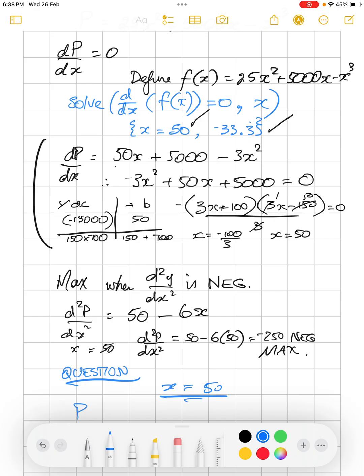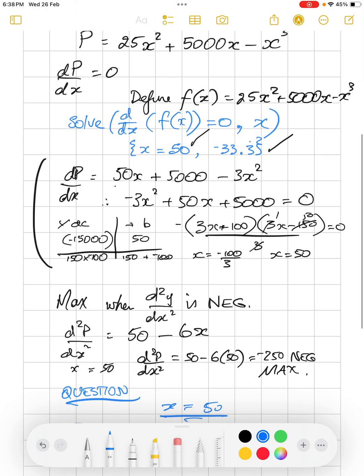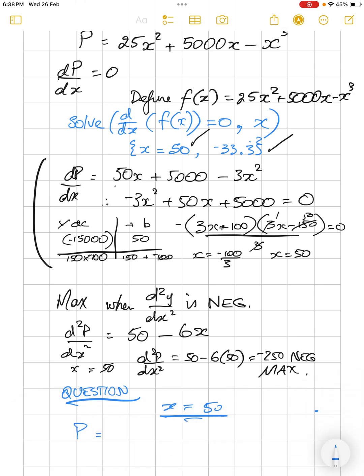We substitute 50 into the formula. So you substitute 25 times 50 squared, plus 5,000 times 50, minus 50 cubed.